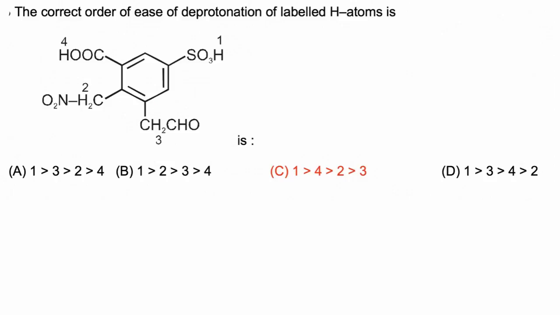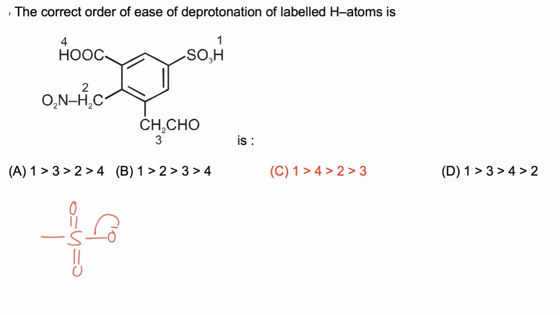In this question we have to find the correct order of deprotonation of the labeled hydrogen atoms. Now in the first case, an SO3H group, sulfonic acid, is present, and if the sulfonic acid releases H positive, a sulfonate anion is formed.